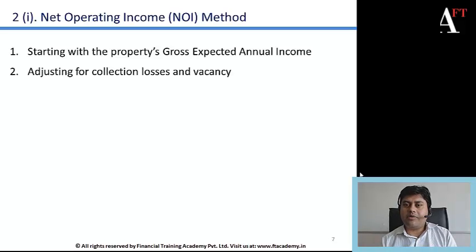So if the entire property's expected annual income is say $1 million, there's a vacancy of 5%, so we adjust that and we get $0.95 million as the gross expected annual income post consideration of vacancy. There could be collection losses also, where you are not able to recover certain income from the tenants or other kinds of revenue sources. So we adjust for that also.